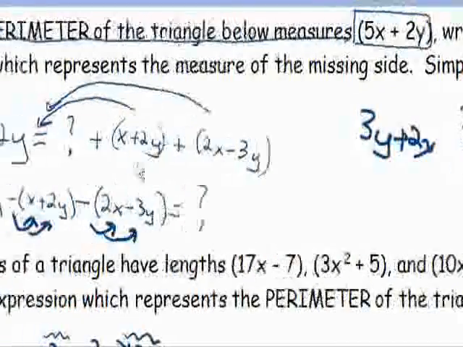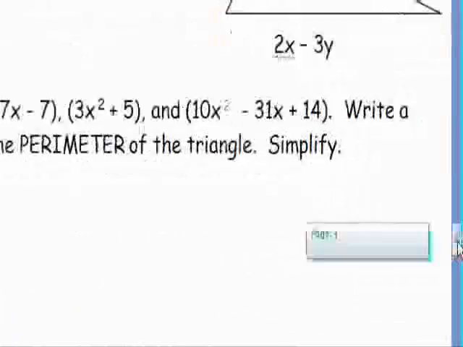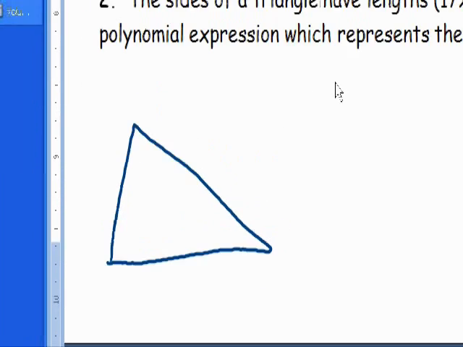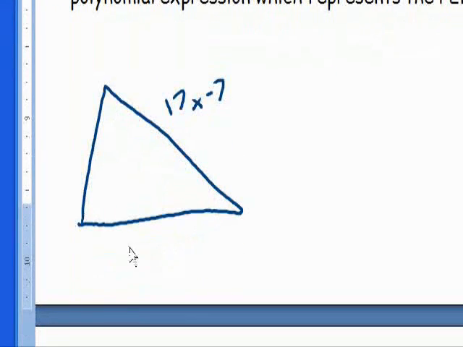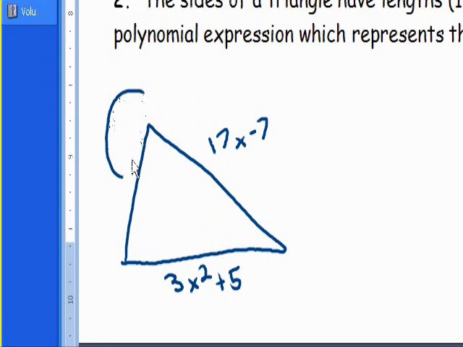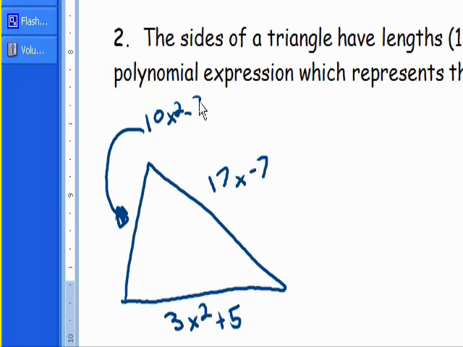Very good. Let's look at number 2 now. The sides of a triangle have lengths 17x minus 7, 3x squared plus 5, and the last length is 10x squared minus 31x plus 14.